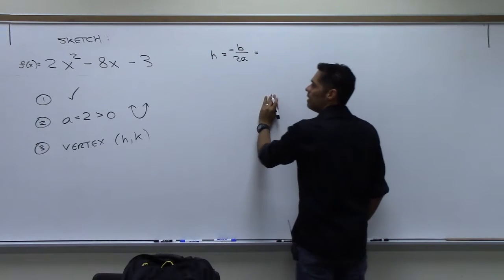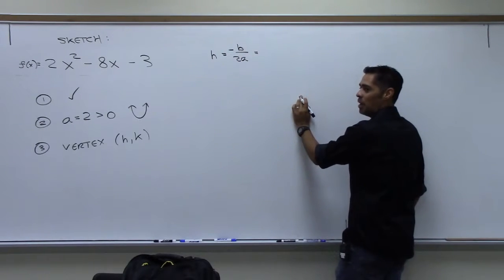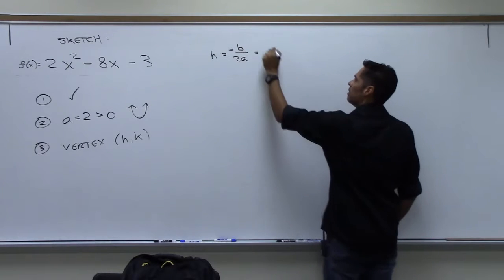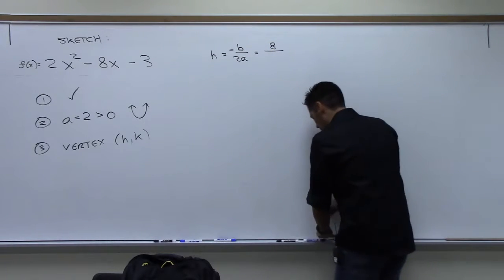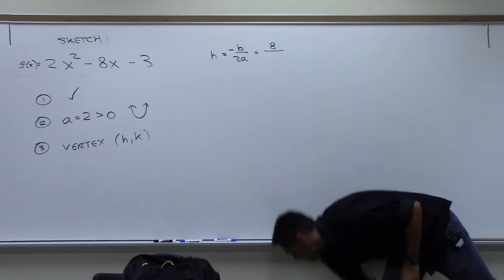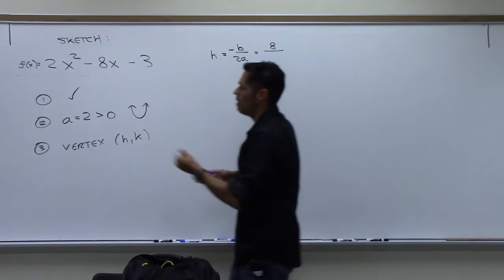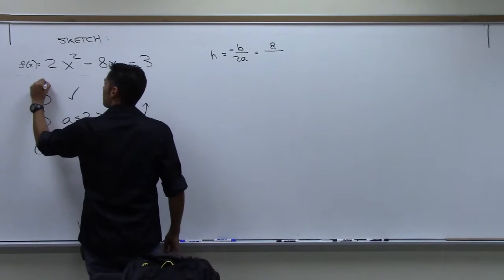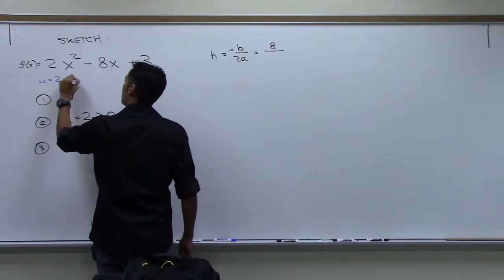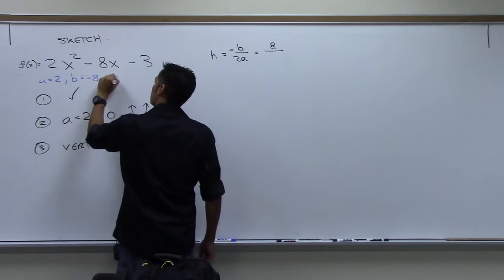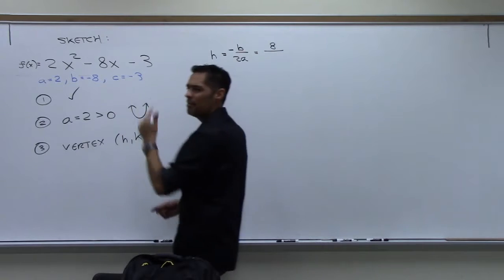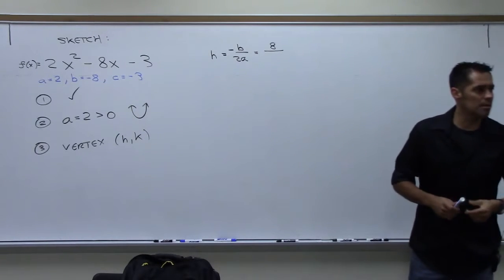What would negative b be for us here? 8. And I forgot to label this. You don't have to do this at the beginning of the problem, but some of you might find it useful at the very beginning just to write down what A, B, and C are. Again, that's not a necessary step, but you're going to need those things anyway throughout the problem.